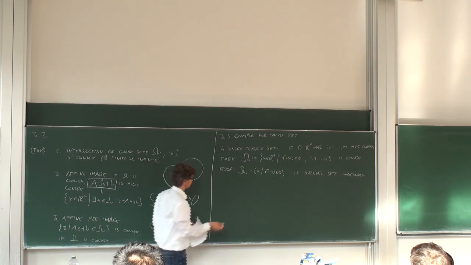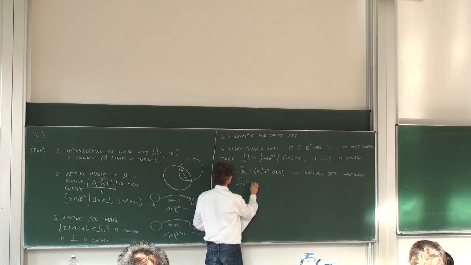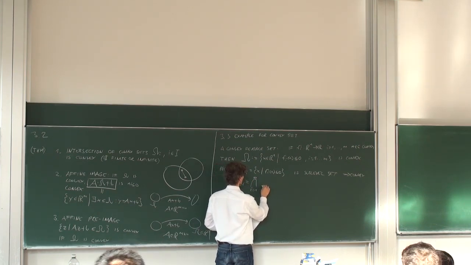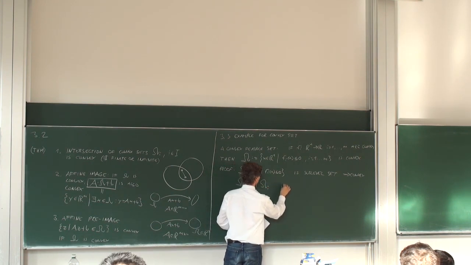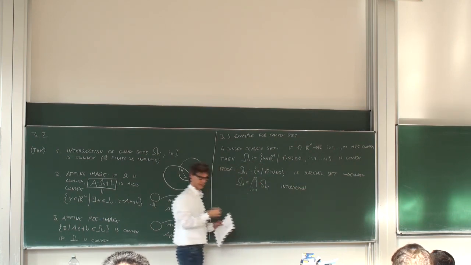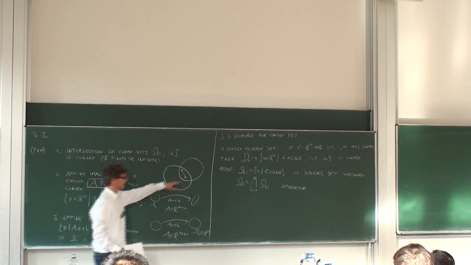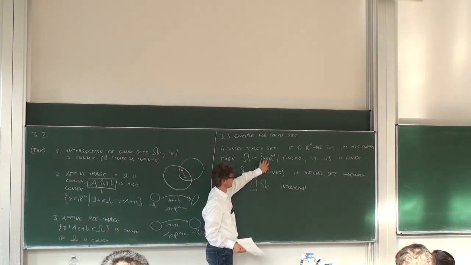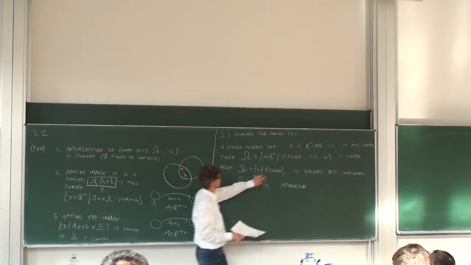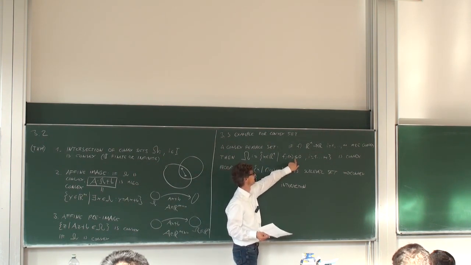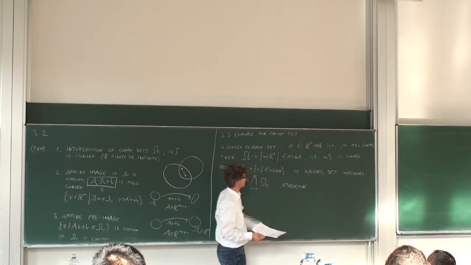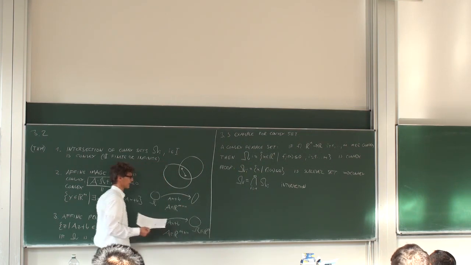And now omega is of course the intersection from i equals 1 to m of all the sets omega_i. So by applying two of our theorems, sublevel sets and intersection, we can see that this is a convex set. That's quite remarkable. It means that when we have convex functions and they appear on the left side of a smaller or equal sign, then it implies that we have a convex feasible set.